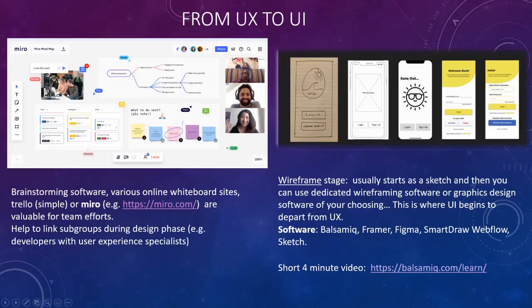There are some software packages that are available that make this a little bit more clean and have started to introduce some new vocabulary into user experience and user interface design. And these exist kind of in that transition between the two. So at the user experience level, you have to do a lot of brainstorming.